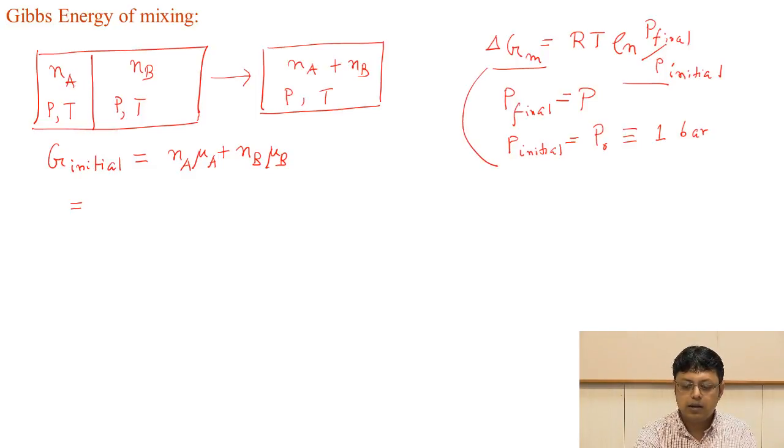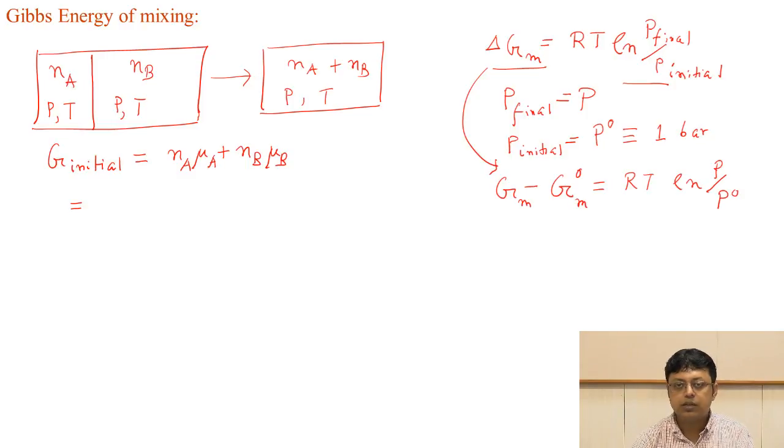So delta Gm is G final minus G initial, that we write as G minus G0, where G initial corresponds to the standard condition where the pressure was 1 bar, and we write the 0 as a superscript. So we get G minus G0, and remember this is a molar quantity, so Gm minus Gm0 is nothing but RT ln P by P0.